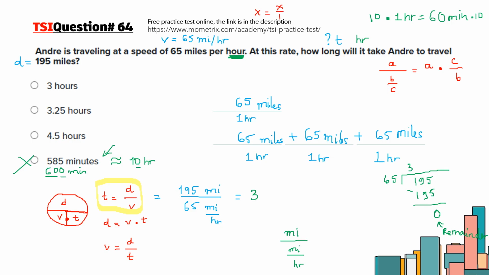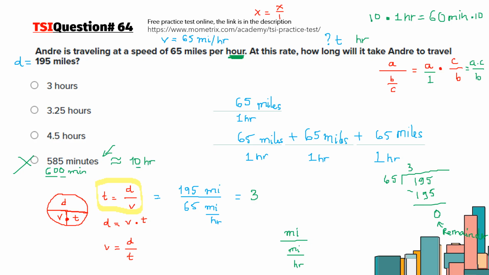Why do that? Because I want to write A over 1, so I can do the multiplication between two fractions: A times C over 1 times B.